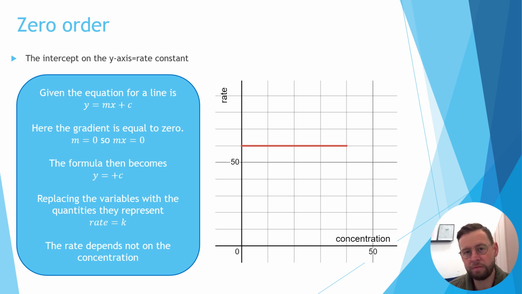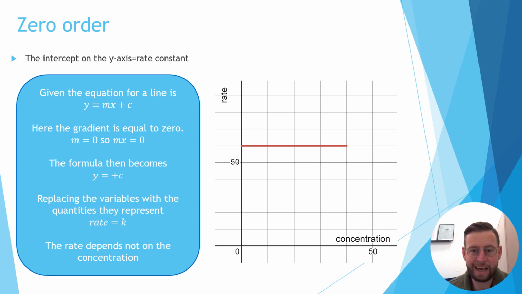If we were to look at the equation for this line in the form y equals mx plus c, the first thing we'd notice is that the gradient of this line is equal to 0, which means that m, which represents the gradient, is equal to 0, and mx is still equal to 0 if m is equal to 0. Which means the equation y equals mx plus c just becomes y equals c. So the mx bit has gone away.